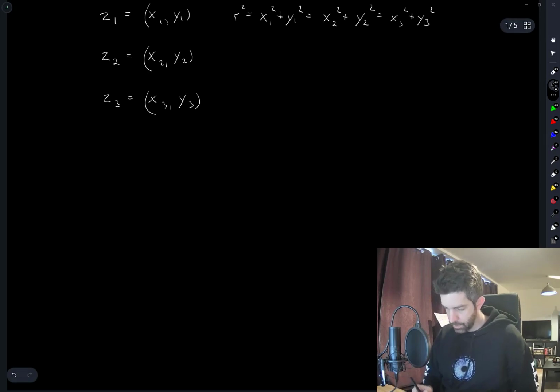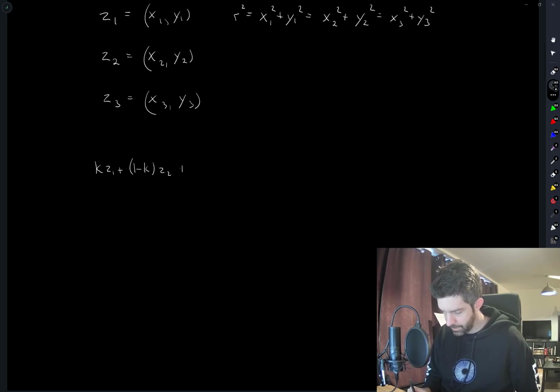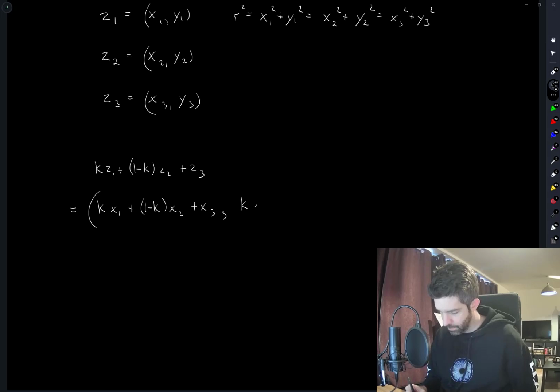Okay, so I have kz1 plus 1 minus kz2 plus z3. This is a point which is equal to kx1 plus 1 minus kx2 plus x3, ky1 plus 1 minus ky2 plus y3.